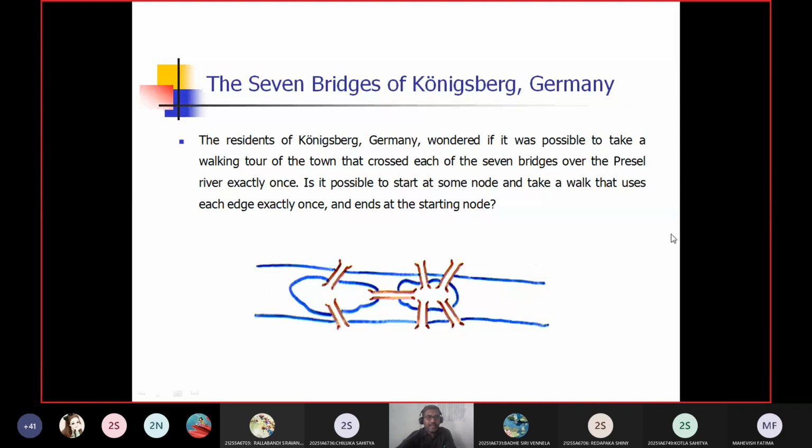Okay. So this is about connectivity, edge connectivity. There is a problem saying that if you want to start from one place and come back to the same place by covering all these bridges exactly one time, is that possible? Anyone tried?